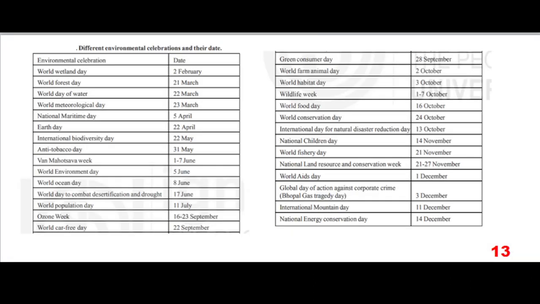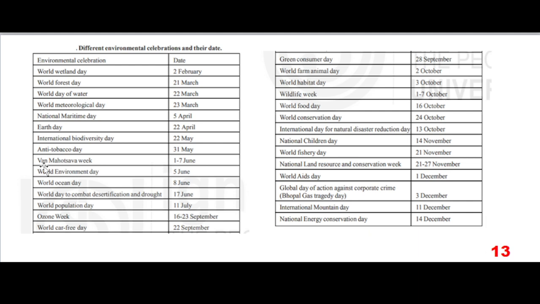Then this is the last slide, which is related to different environmental celebrations and their dates. So World Wetland Day is celebrated on 2 February. Then World Forest Day, 21st March.